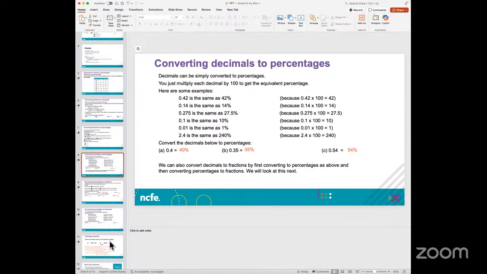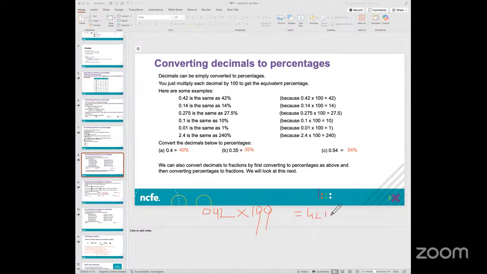So if you have to convert 0.42 into a percentage, how would you do it? 0.42 into 100. Because there are two decimals, what will happen is the first 0 in 100 cancels out one decimal place, and the second 0 cancels out the second decimal place. So this would become 42%, right?